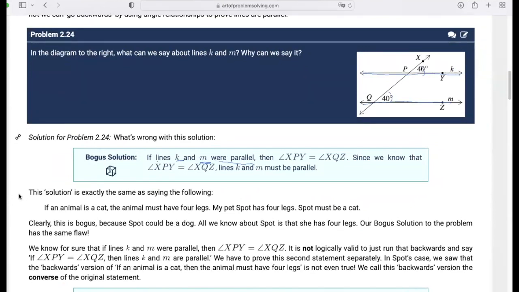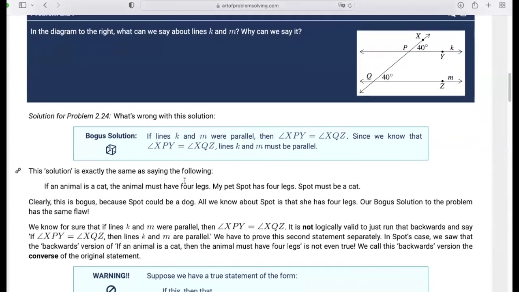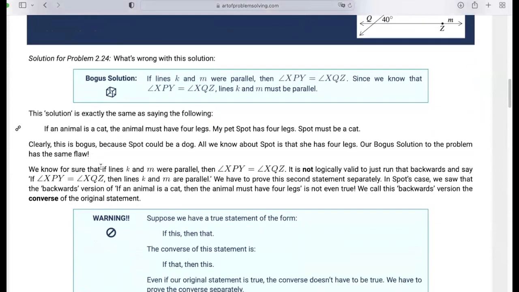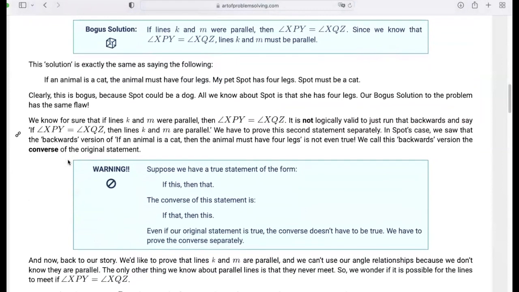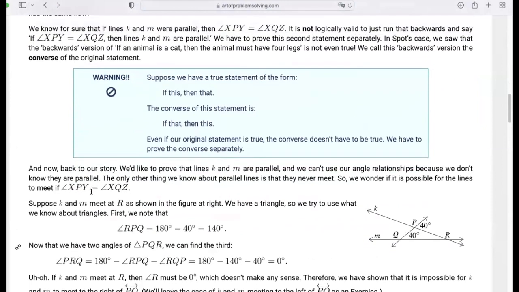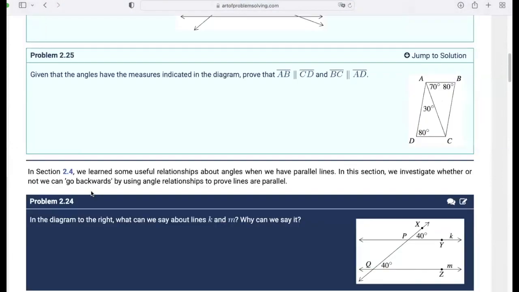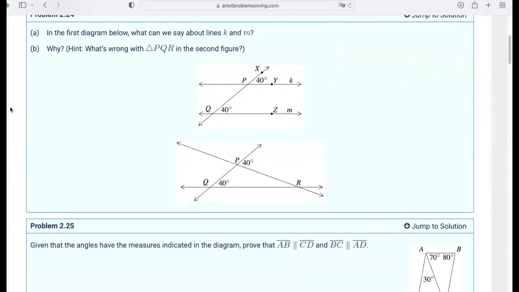So basically, if K is parallel to M, then these two angles must be the same.